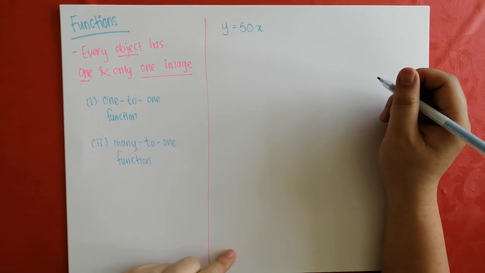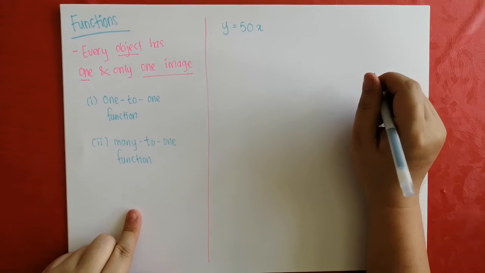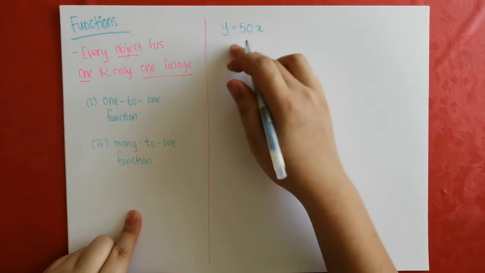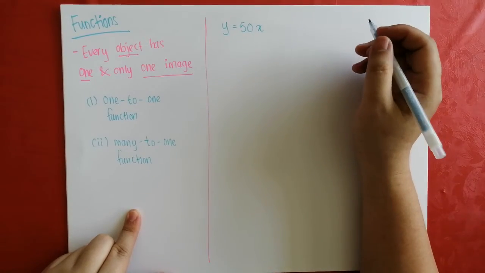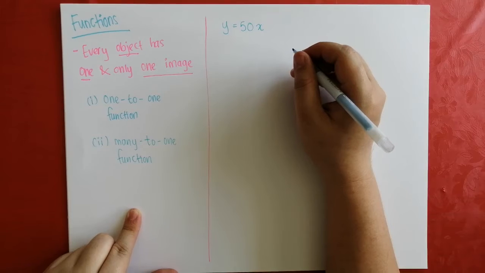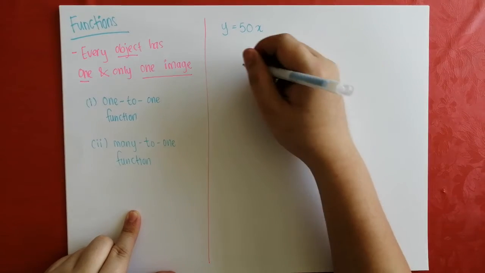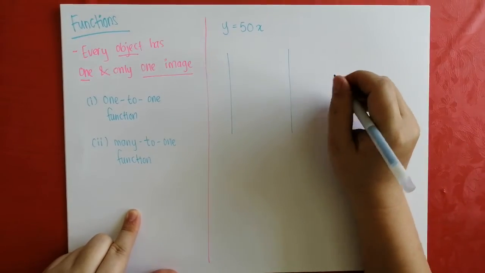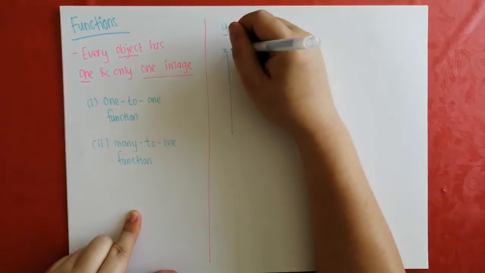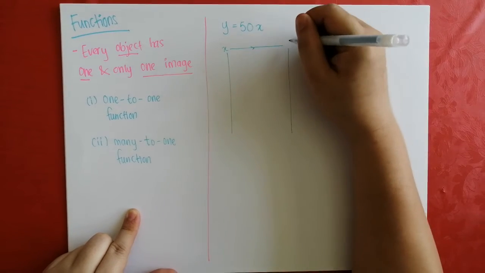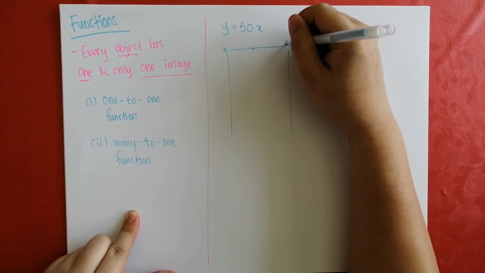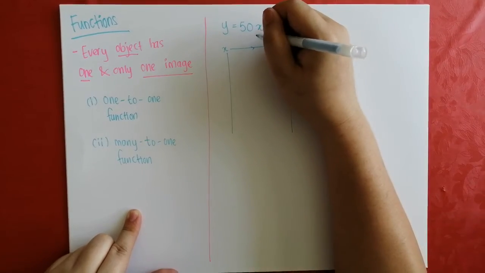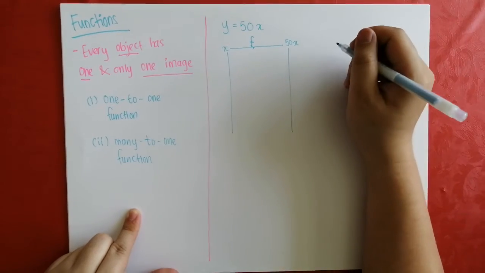We can then represent a function in an arrow diagram. We can represent this function from the table form and draw it in arrow diagram form. There are two types of arrow diagram. One has two parallel lines, where this is the object x, which is mapped onto the image. The image is 50x, and the function here is function f.